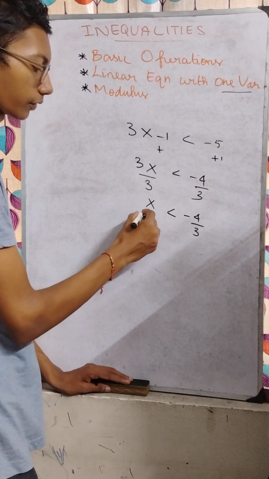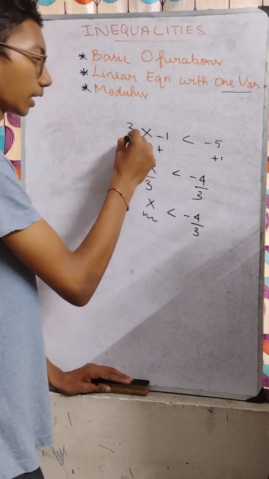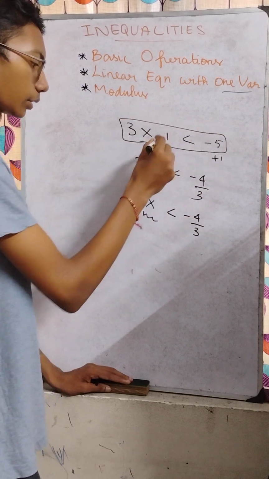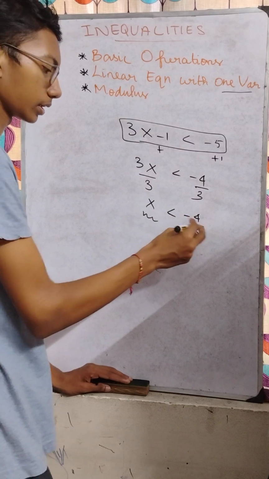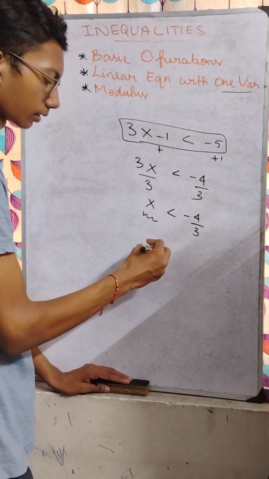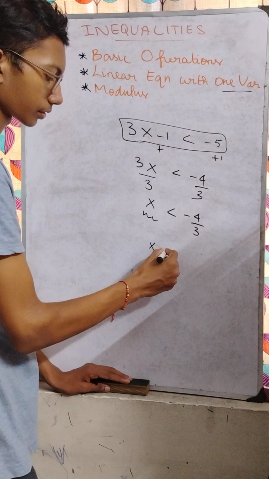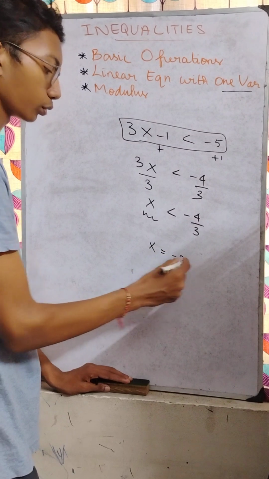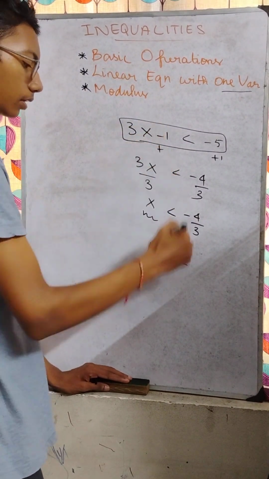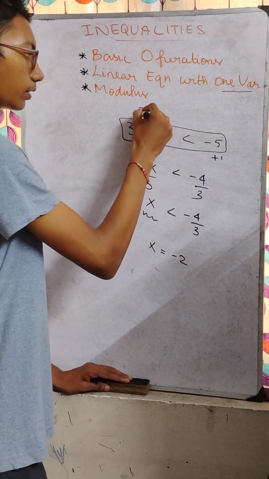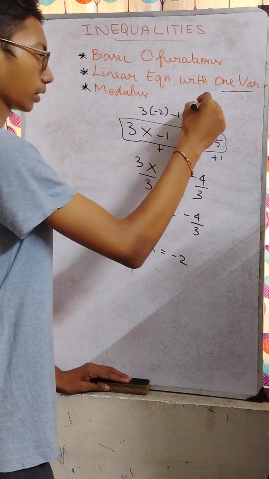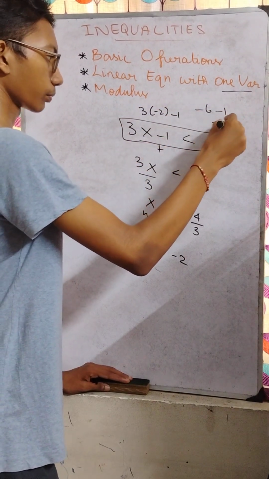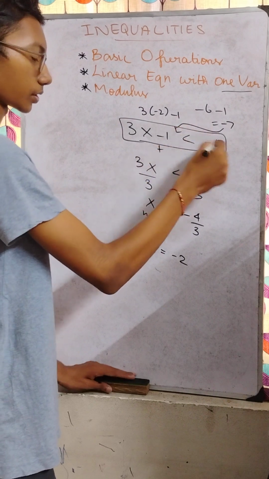So if the value of x is less than minus 4 by 3, then that satisfies this equation. Now let's have a number less than minus 4 by 3. We can take x as minus 2. If we put this number here, we have 3 times minus 2 minus 1. Minus 6 minus 1 is minus 7, which is less than minus 5.